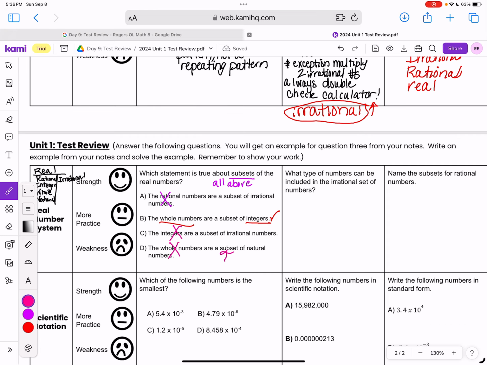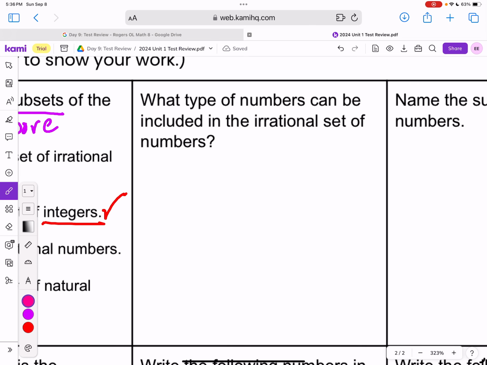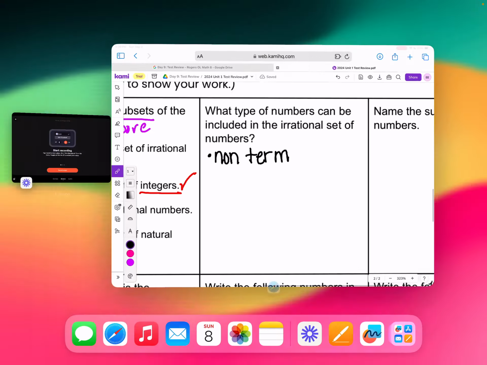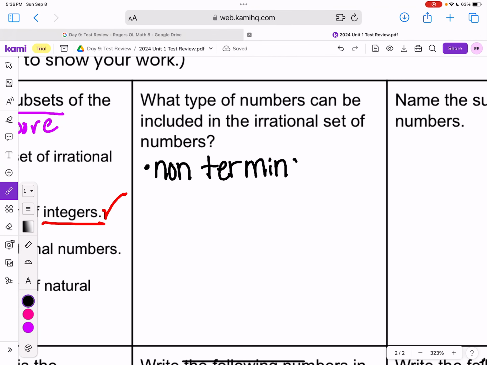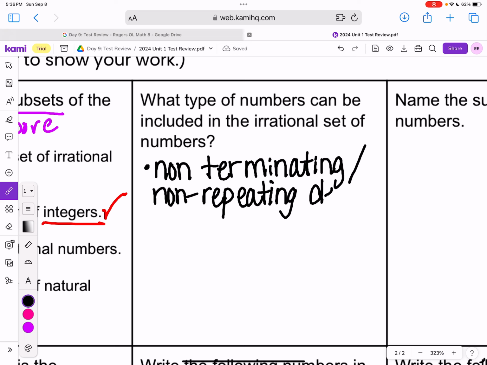One type is non-terminating and non-repeating decimals. So an example would be 0.31311, right?